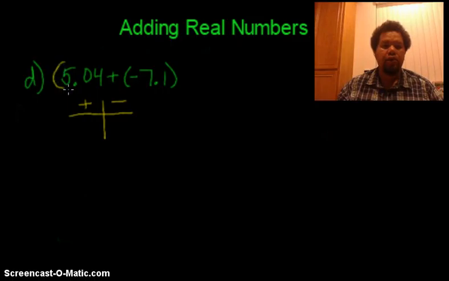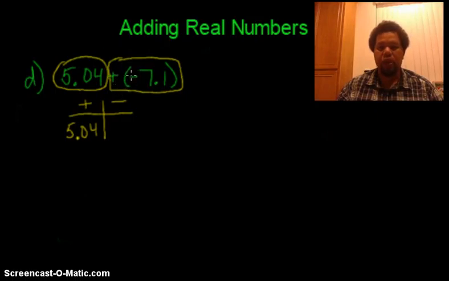Here, my 5.04 is a positive number, so it'll go over here on the positive side. And my 7.1 has both a plus and a negative sign. Well, a plus and a negative together, like if we multiplied, would be a negative. So this 7.1 will be a negative number. Since they're on different teams, that means we will have to set this up as a subtraction problem.